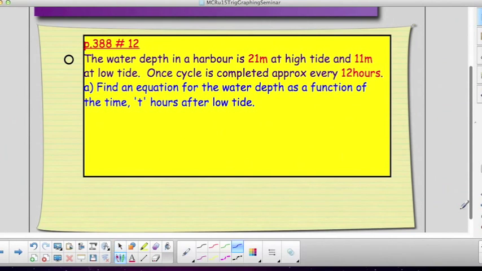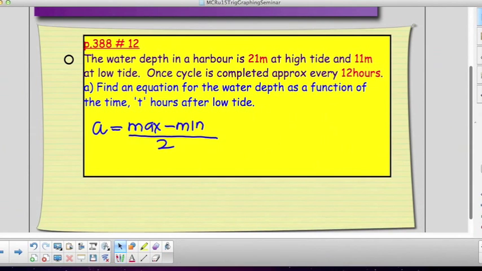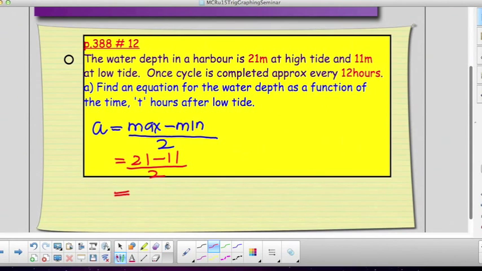Again, my amplitude is equal to my max minus my min divided by 2. So if I take 21 minus 11 and divide it by 2, I get 5.